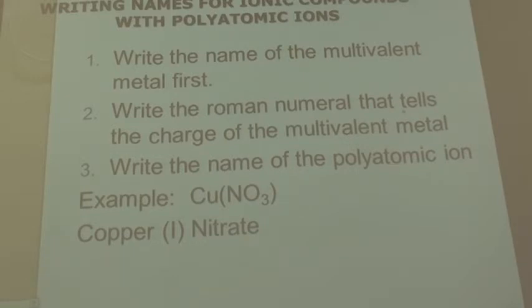So you write the name of the multivalent metal first. Write the Roman numeral that tells you the charge of the multivalent metal.